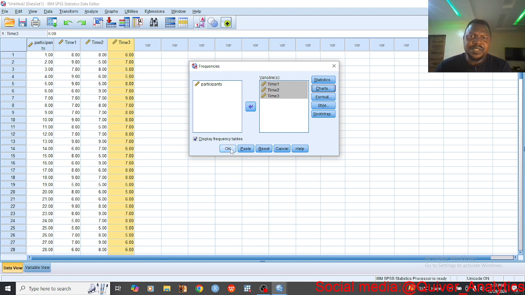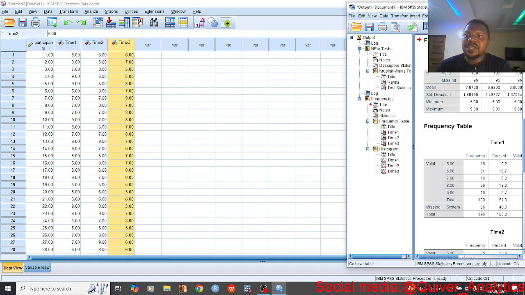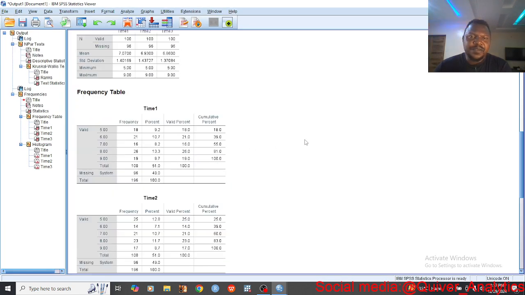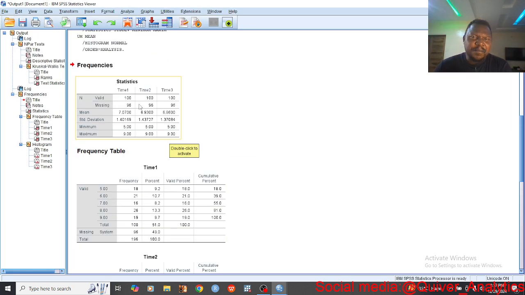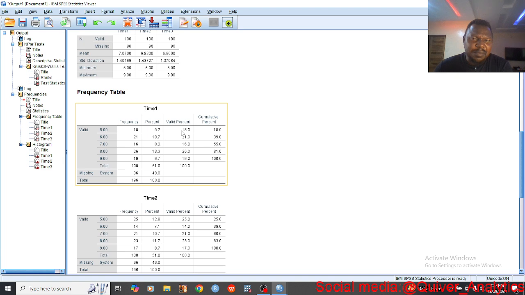Okay, let's leave the frequencies because we know it's between 1 and 10, so it's still okay to go for the frequencies. All right, so we have valid, missing 96. How is that possible? We have a frequency total of 100.